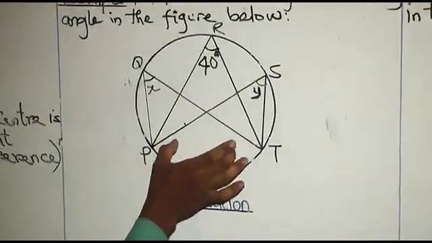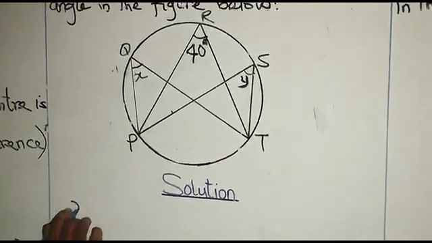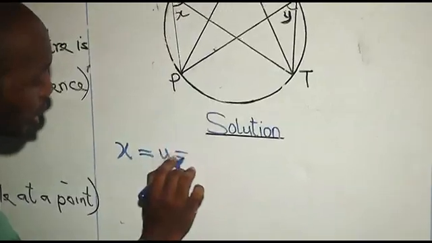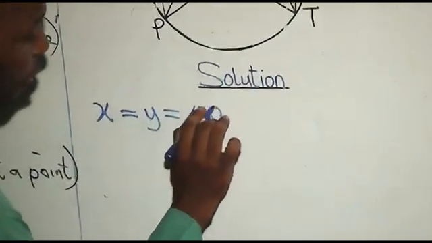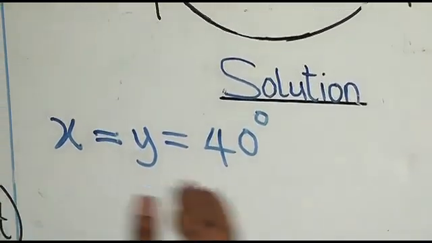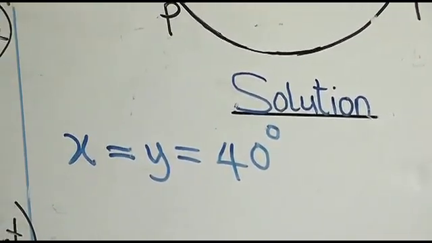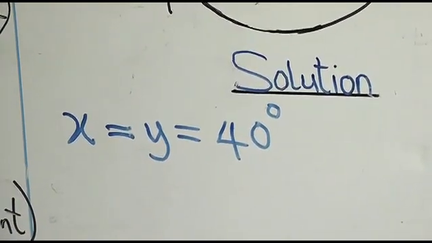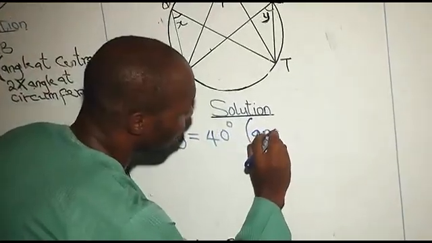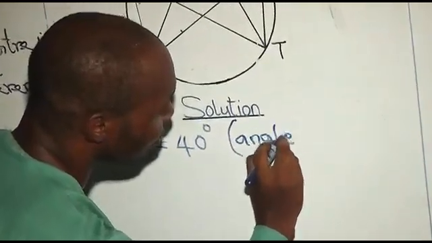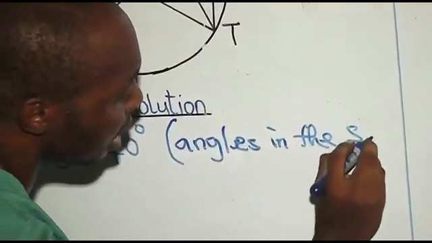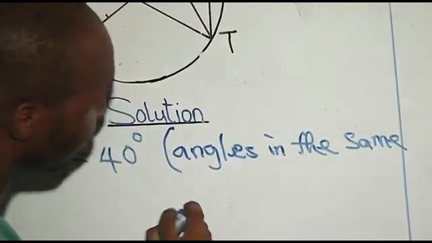So the solution to this problem now is that X is equals to Y and is equals to 40 degrees. Now, writing this has not proved your results, so you need to state the reason. So, what is the reason? Angles in the same segment.